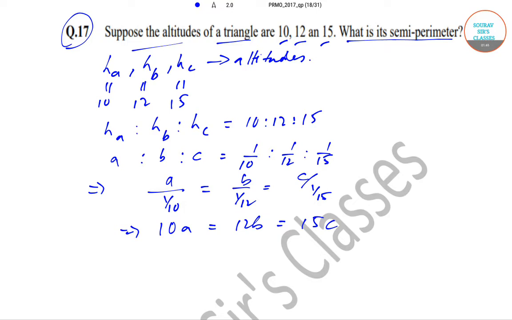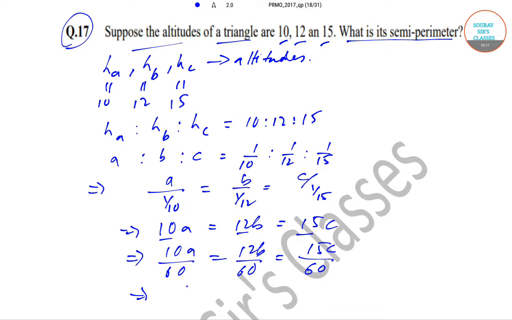Now if we divide all of these terms by the LCM of 10, 12 and 15, the LCM of 10, 12 and 15 is basically 60. So we have 10A by 60 is equal to 12B by 60 and then 15C by 60.